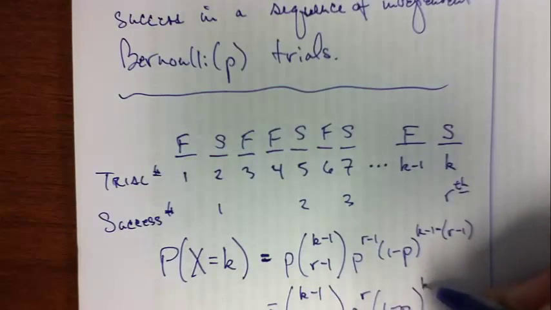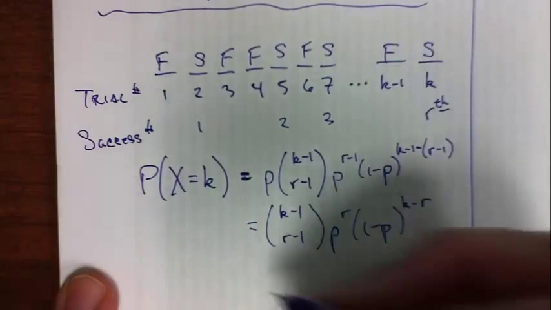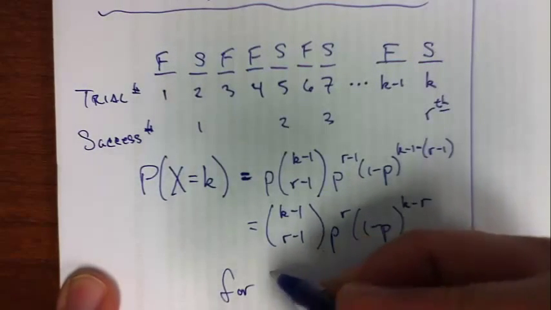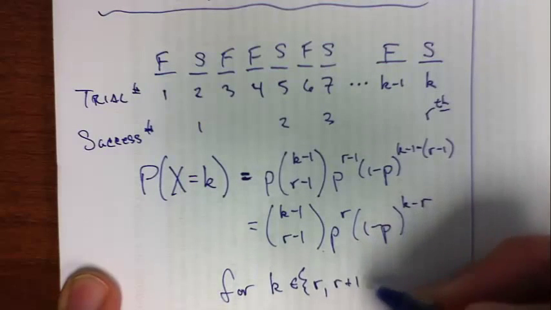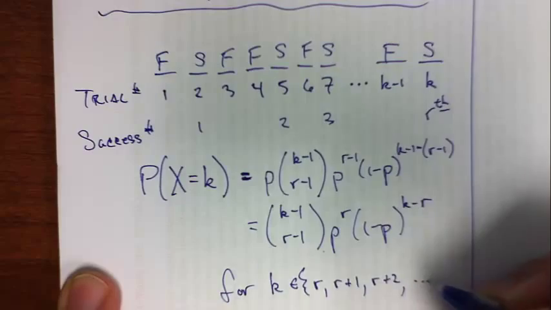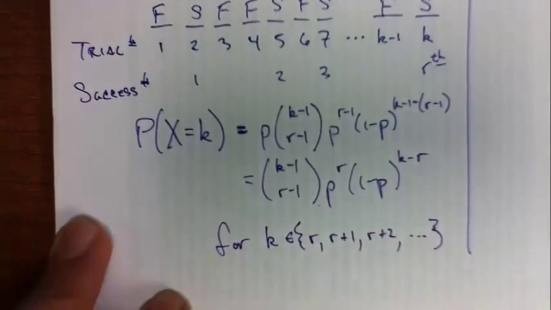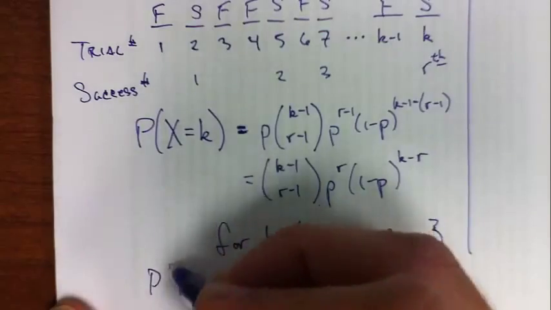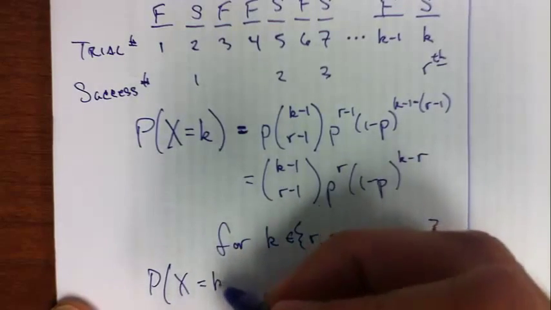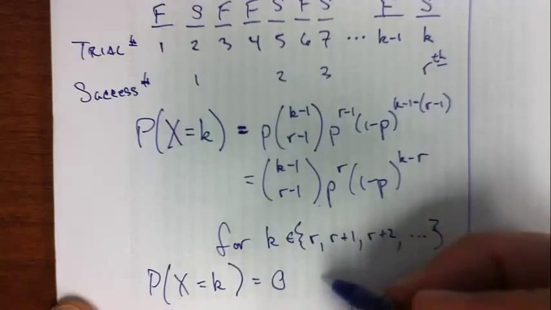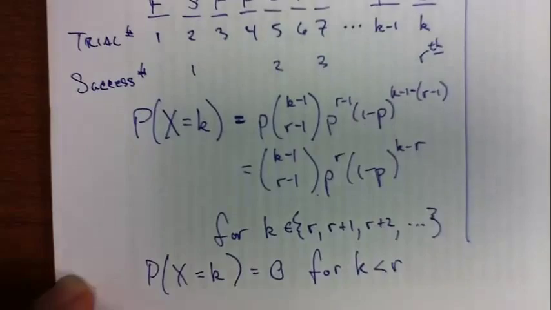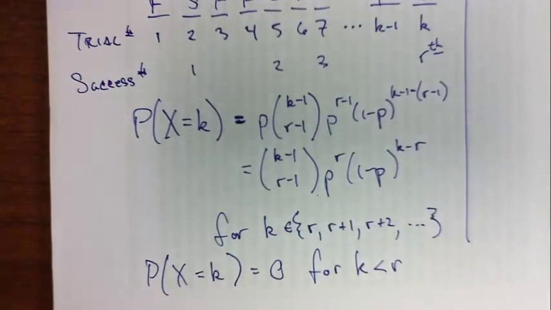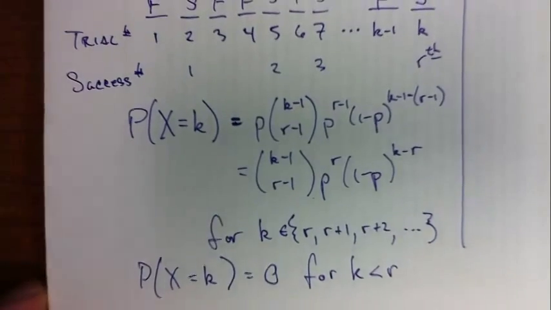And of course this is for k in the set r, r plus 1, r plus 2, etc. Note that the chance that X equals k equals 0 for k less than r, right? You have to perform the experiment at least r times to see that many successes.